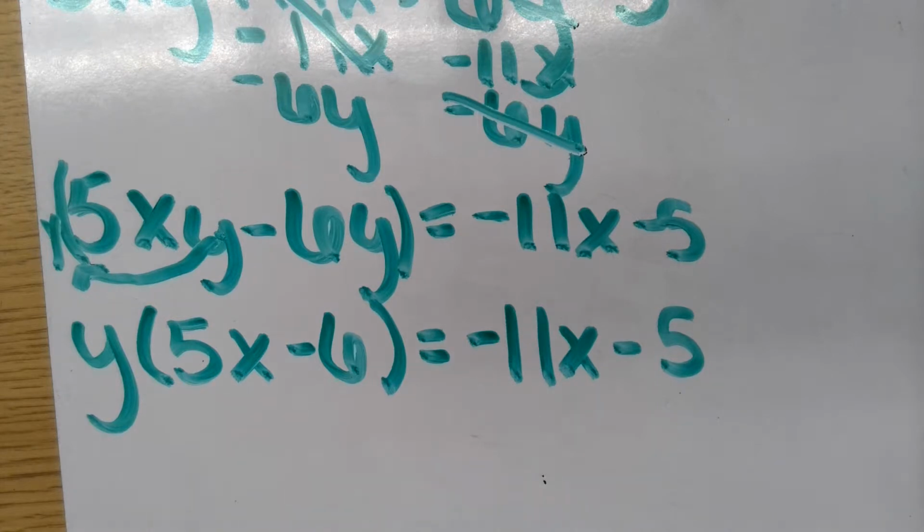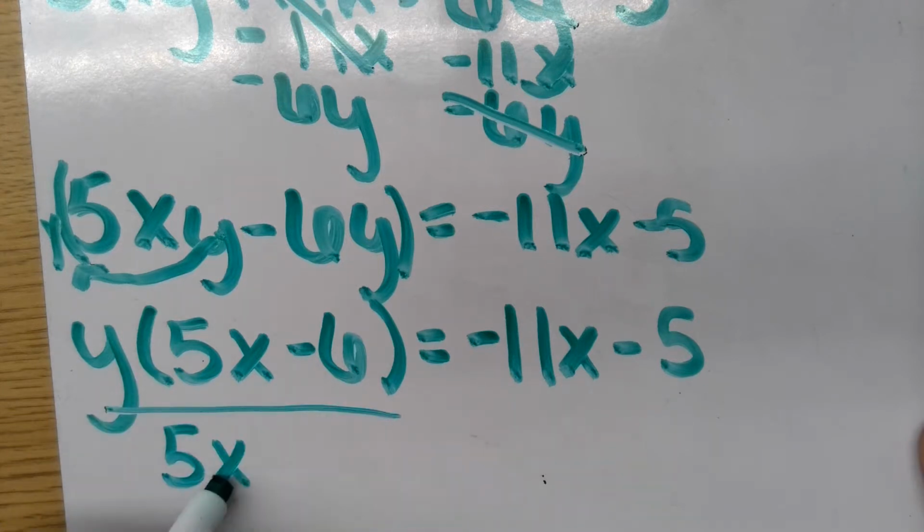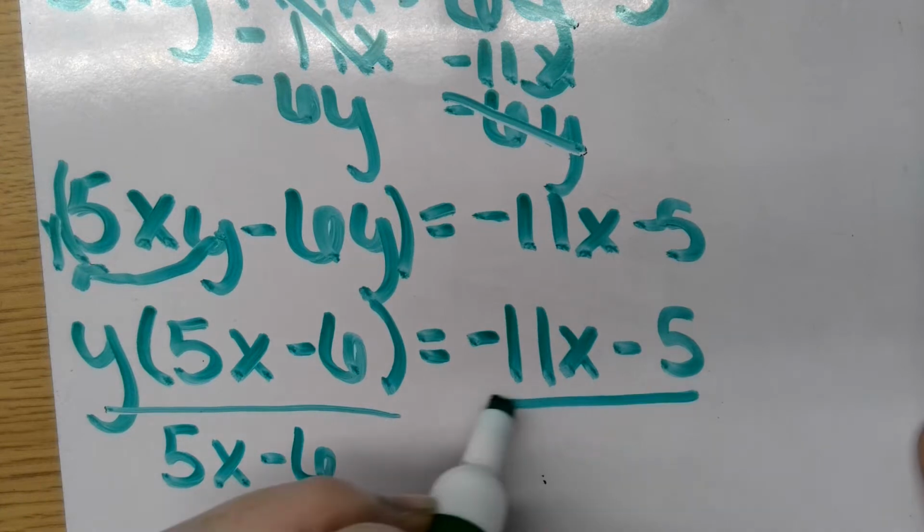Now what I want to do is get y all by itself over here. So as you can guess, I'm multiplying y times 5x minus 6. So now I'm going to divide both sides by that 5x minus 6.